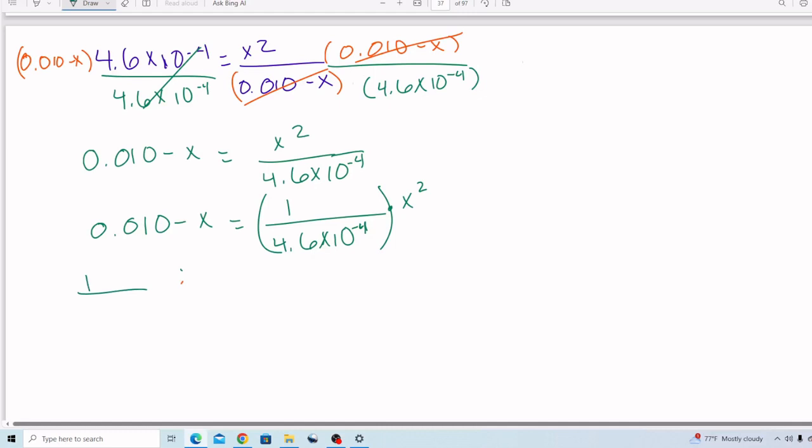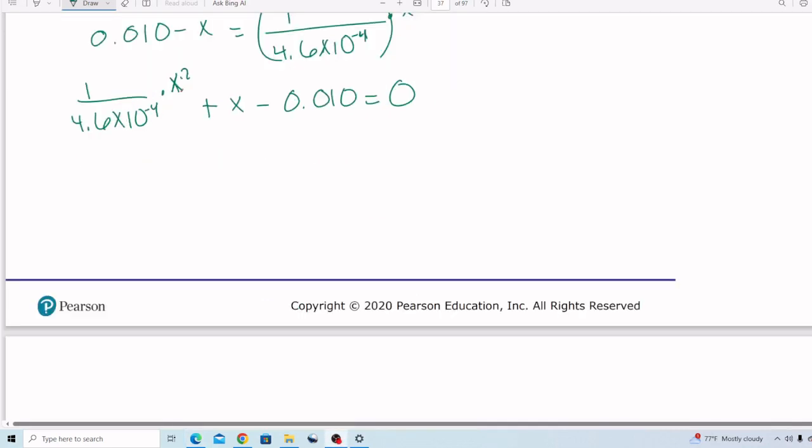I have 1 over 4.6 times 10 to the minus 4 times X squared plus X minus 0.010 equals 0. And when I moved that term to the left, I had to change the sign on everything to get it into this form.